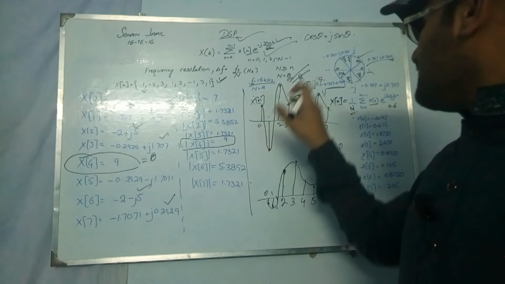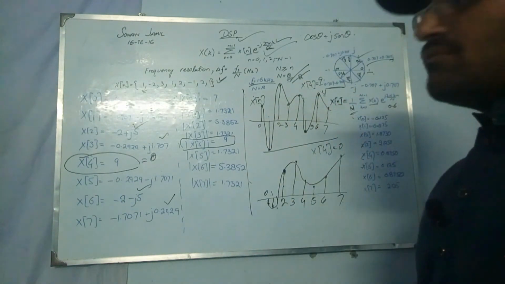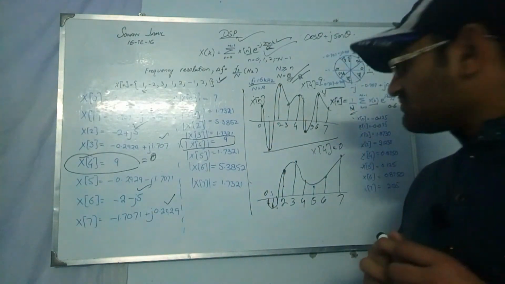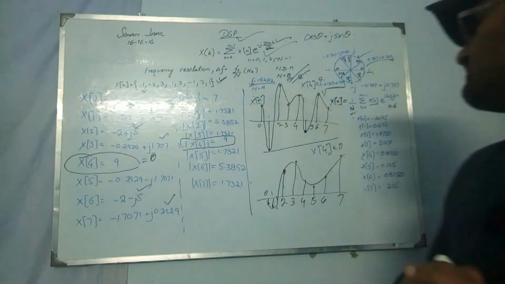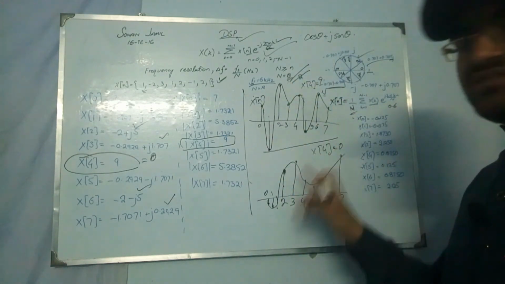If we have high transitions, then it means that we have a high frequency signal, and high frequencies occur where the transition is high.